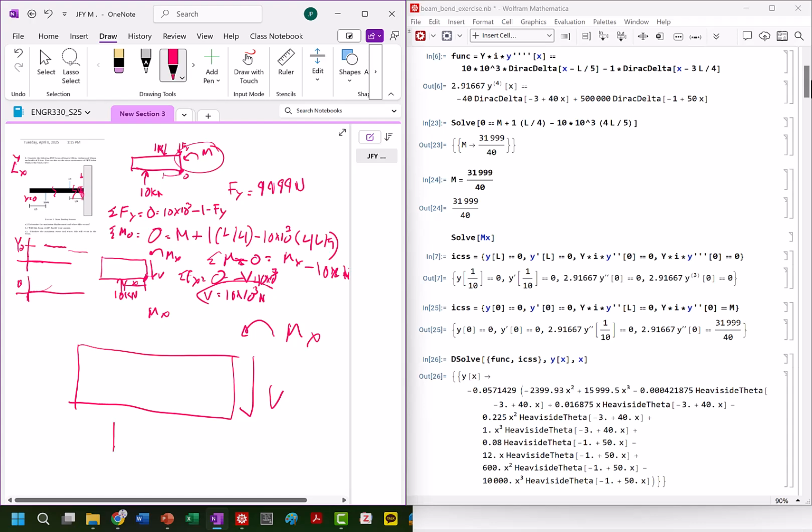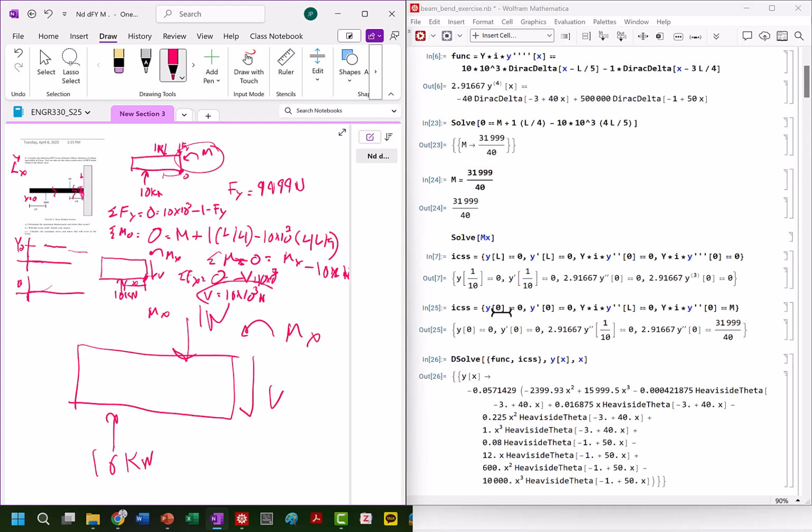And then I'm going to have a force here, which is 10 kilonewtons. I'm going to have a force here, which is 1 newton. And actually, the moment there will be positive, but it's going like that. Let me see. I see.